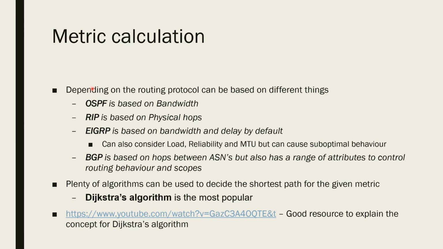Yet again, watch the video that I've done on it. It goes into a little bit more detail on what I'm talking about. But yeah, as I mentioned, there's plenty of algorithms that can be used for these selections. Dijkstra is one of the most popular, I would say, and it's probably the best one to really understand this topic with.